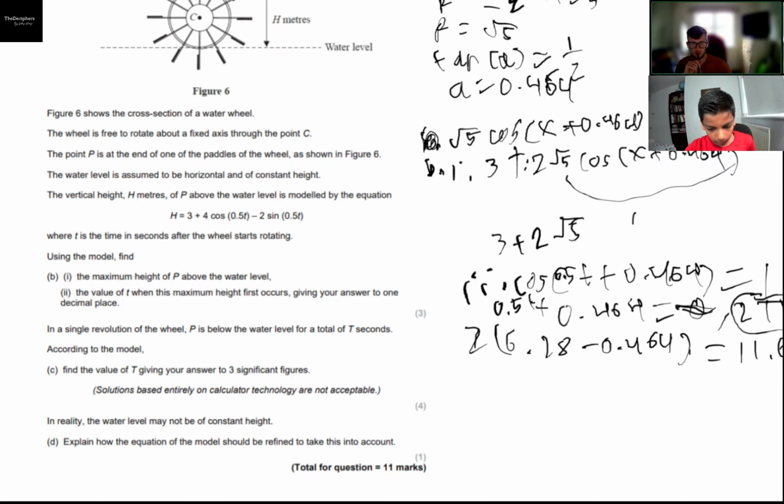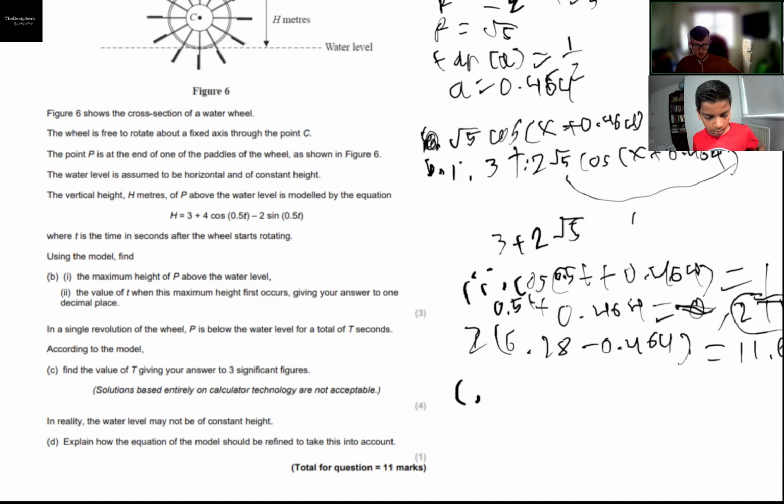Yeah, so keep your answer to one decimal place, and this time we're in seconds, so one decimal place is good. Yep, so just 11.6. Good stuff. Yeah, that's correct, well done.